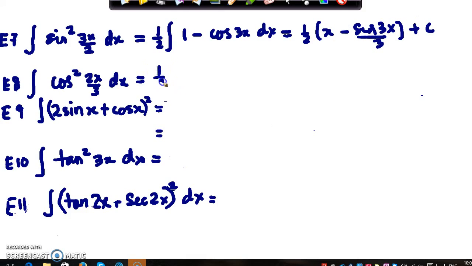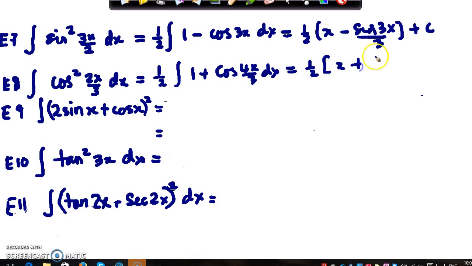Similarly for this one, double the angle again. Integrating gives us x plus 3/4 sine 4x over 3 plus c.